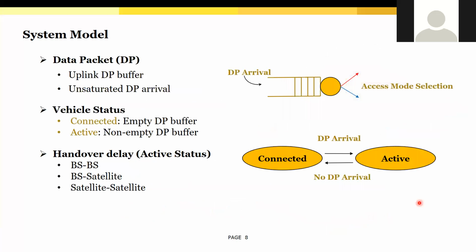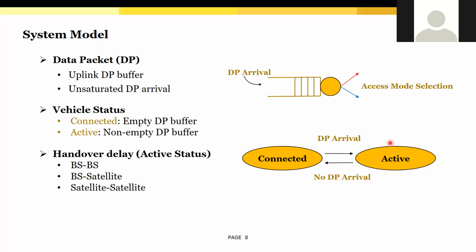I will introduce the unsaturated service demand here. Specifically, we consider an uplink buffer. The vehicle will store the data packets regarding IOV services in its uplink DP buffer, as shown in the figure. Since the DP arrival is not saturated, which means that the uplink buffer may not always be full, the vehicle should select its access modes according to the buffer status.